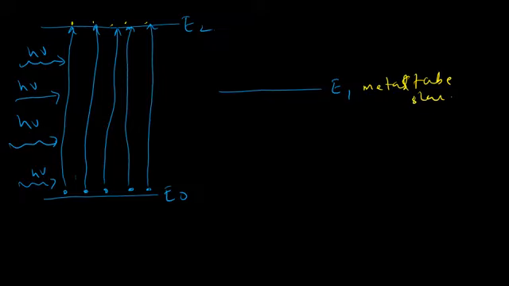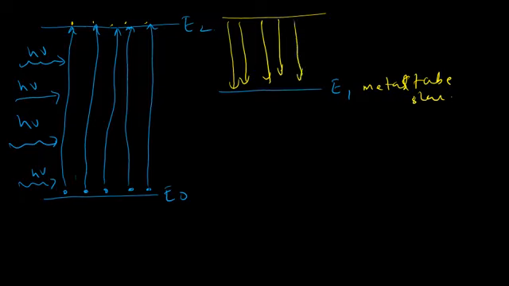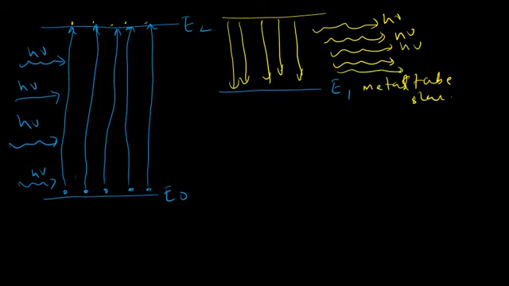These electrons, after 10 to the power minus 8 seconds, will jump from E2 to E1, which is the metastable state. So here we have a spontaneous emission of a photon of energy h mu. So these photons will be emitted from the metastable state.